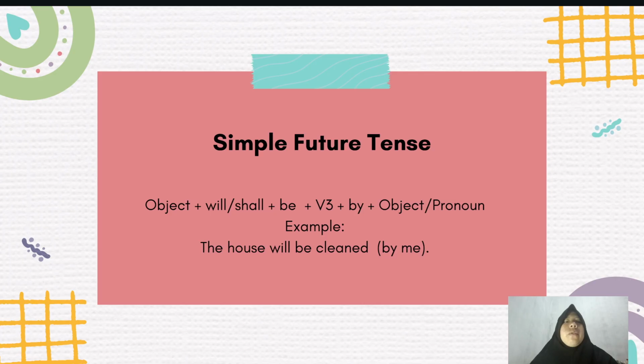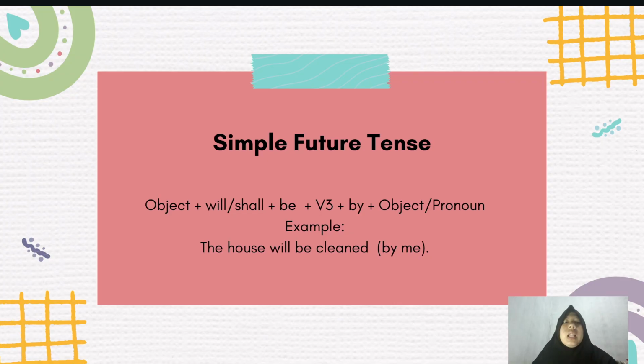Example, in active voice, "I will clean the house every day," and in the passive voice, "The house will be cleaned every day." Here, the focus is on the house that will be cleaned in the future, emphasizing the object that will undergo the action rather than the person who will perform it.